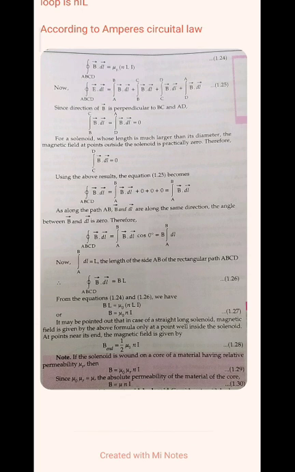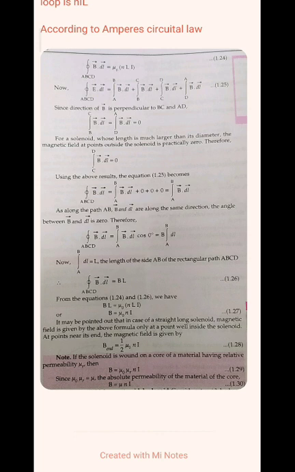Therefore, B dot dl is equal to B dl cos 0, that is B dl, and the integral of dl is equal to length L. So the integral of B dot dl along the Amperian loop ABCD is equal to BL. From Ampere's circuital law, this BL is equal to mu naught NLI, that is the total current threading through the Amperian loop. So L and L cancel, and we get B equal to mu naught NI.